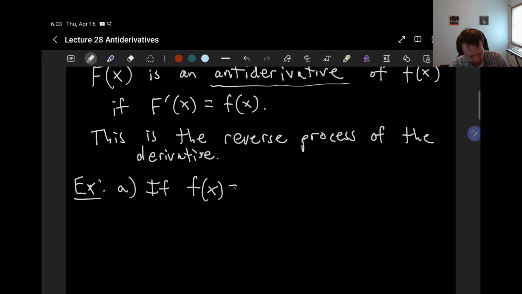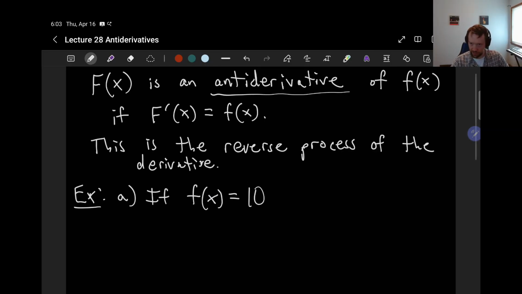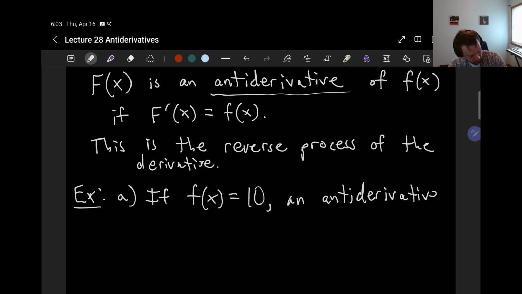Let's say little f of x is the function 10, just that constant function, a horizontal line. Then an antiderivative of this f of x is 10x. Let's in fact call that capital F of x just to be crystal clear.